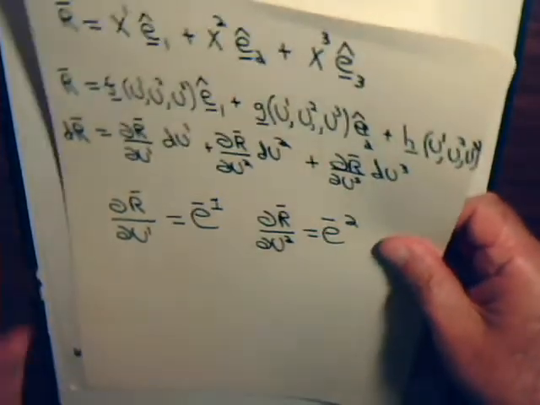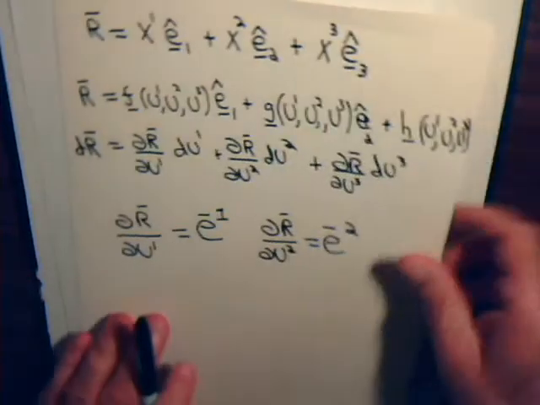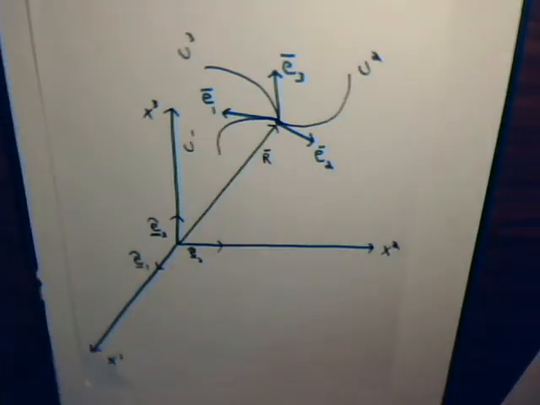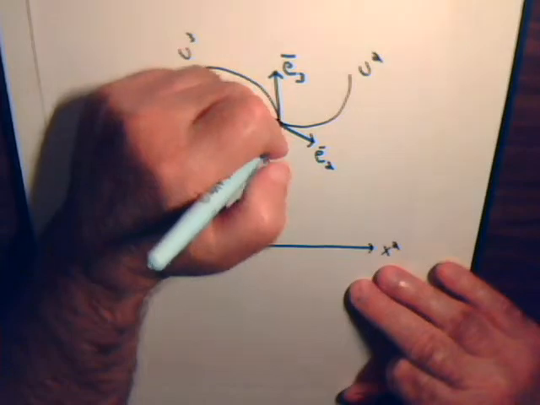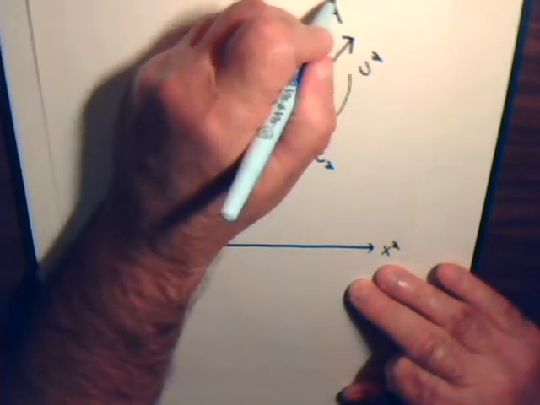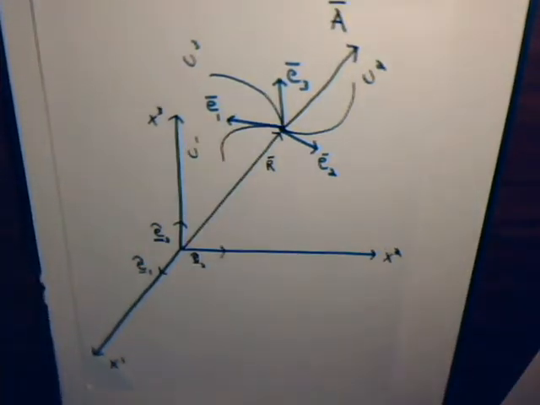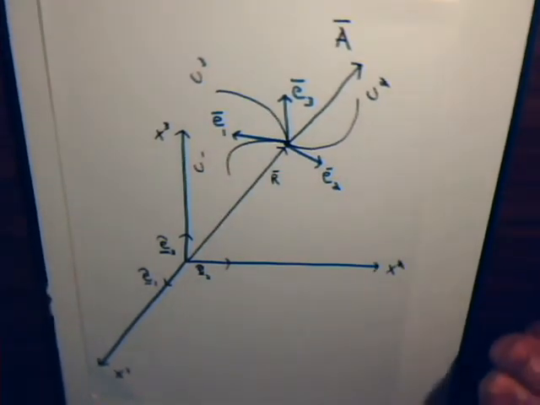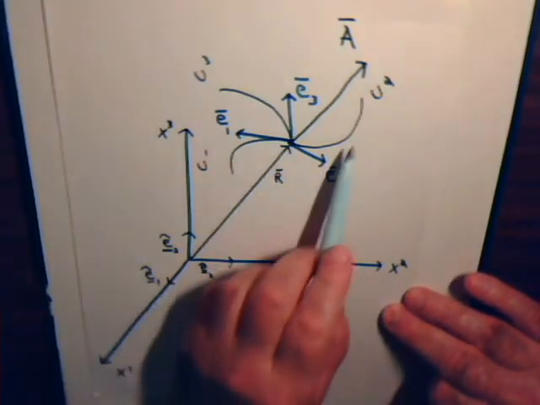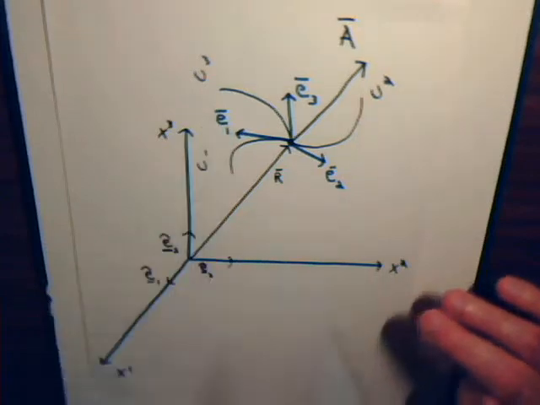Now, if we have, say, some vector, we can just draw it in here, I guess. Say that here we have some vector A. So our vector A will have components along U1, U2, and U3.